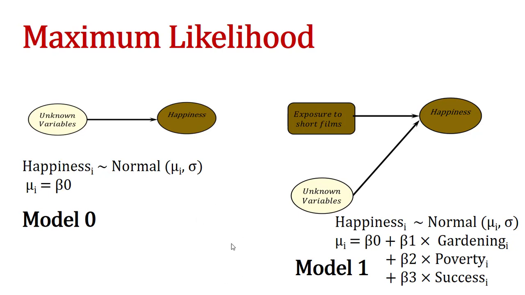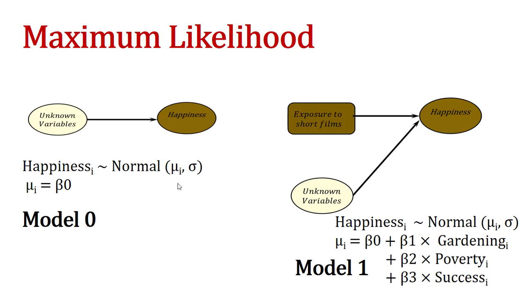So in terms of the statistical model, we've got these two formulas. First, happiness is distributed normally with mu i and sigma. So mu i means that there is a value mu for each participant, but there is only one sigma for all the participants.